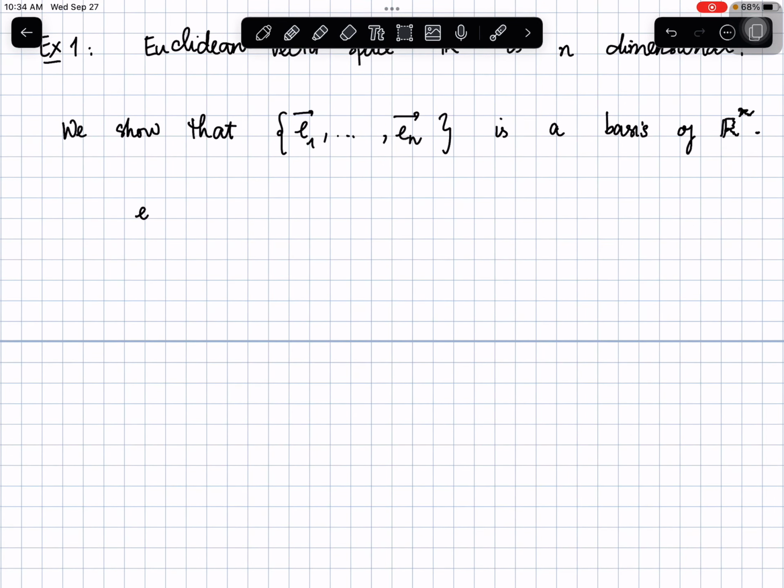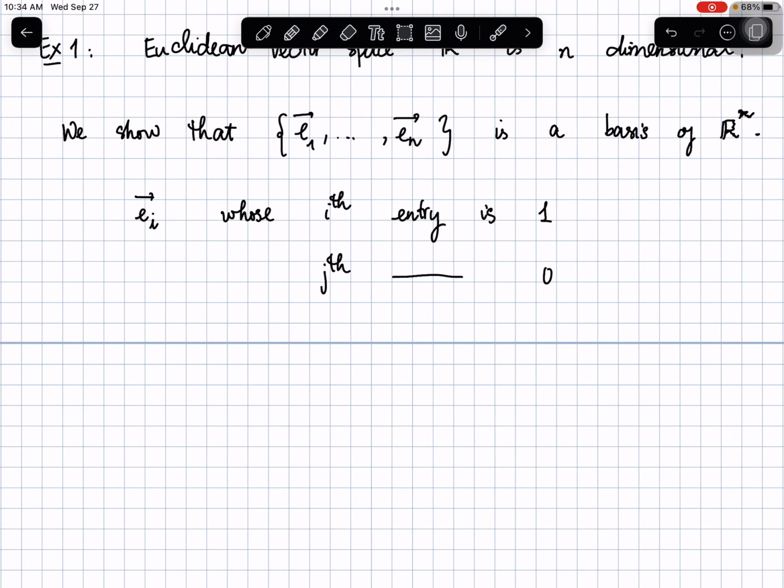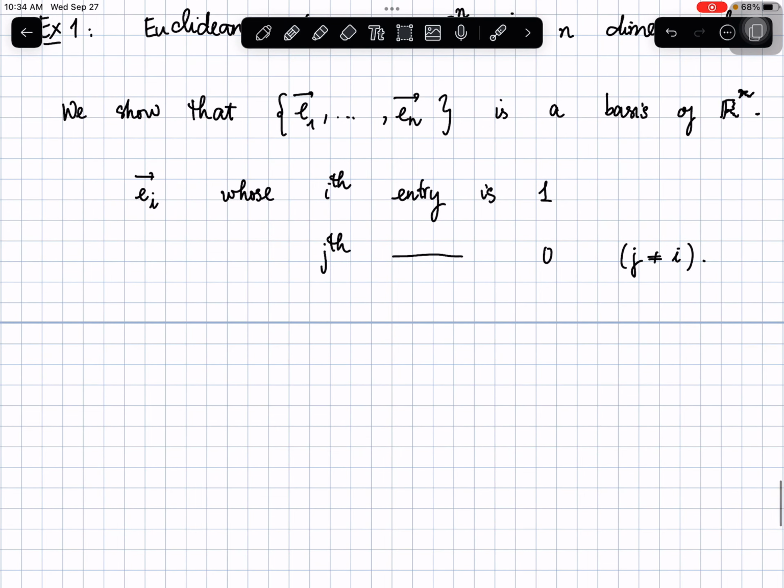So Ei is just the vector whose ith entry is 1 and 0 elsewhere. Its jth entry is 0, for j different from i. Okay, so this is the basis.